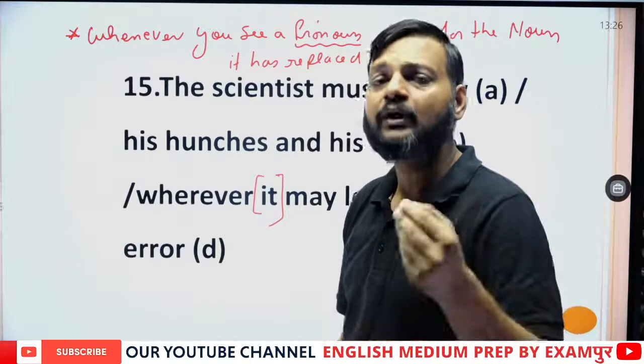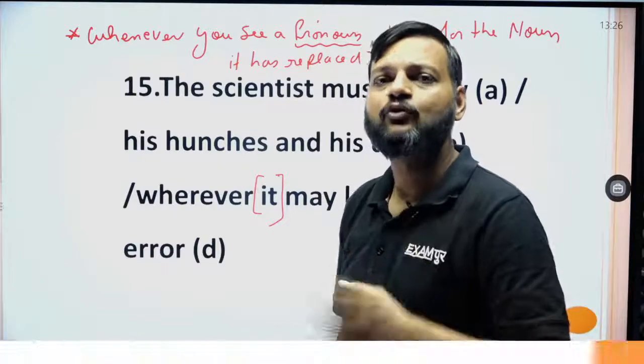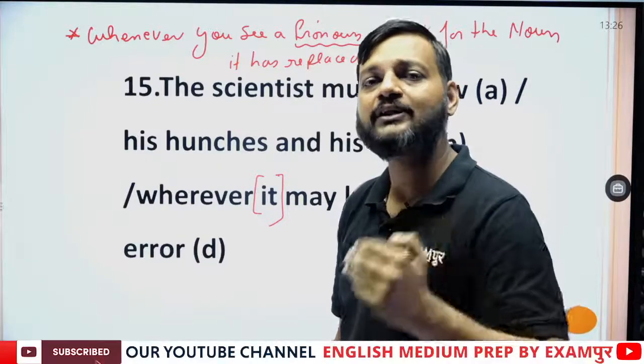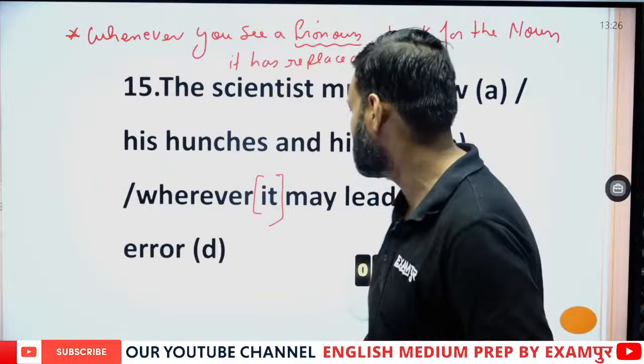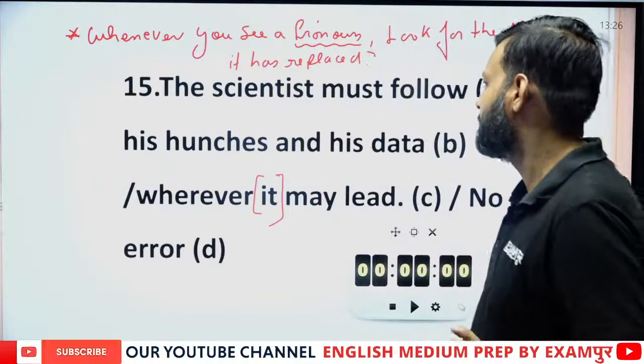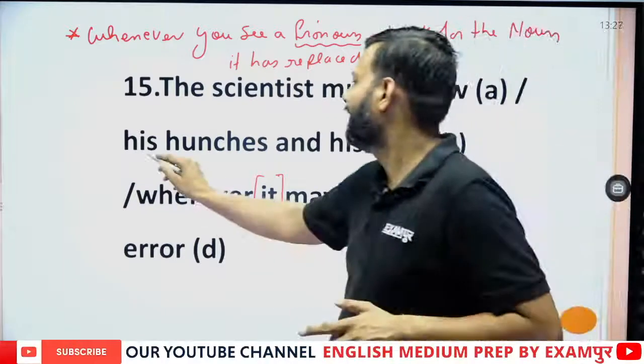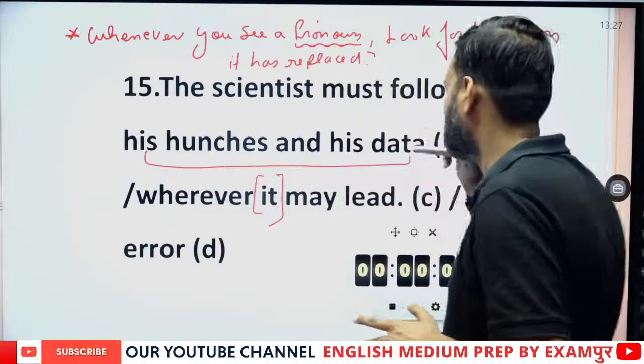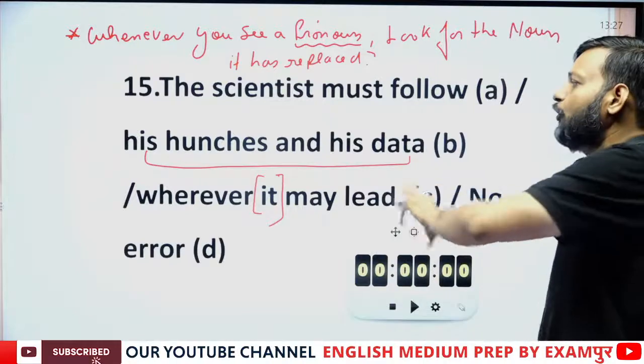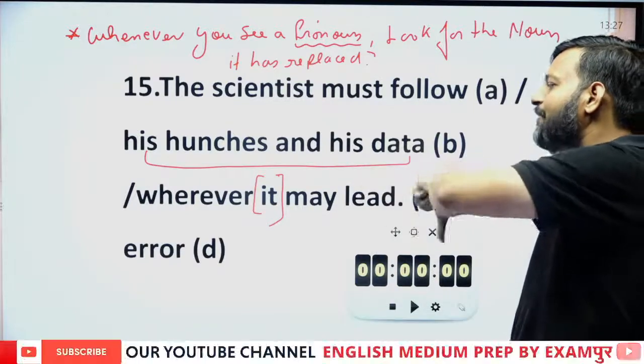So whenever you see a pronoun, just look for the word it has replaced. So here, it may lead. Here the word it has been used for his hunches and his data, because the scientist must follow his hunches and his data wherever it may lead.